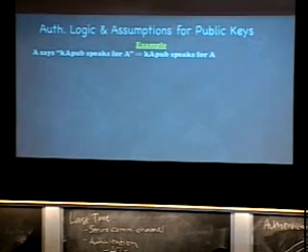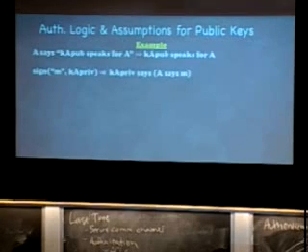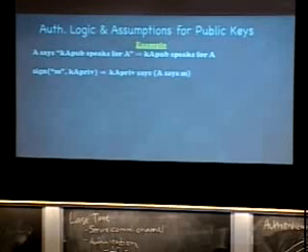I might then infer that KA pub speaks for A. Now suppose I see a message that's been signed with KA private. I might infer that KA private says that A says M.